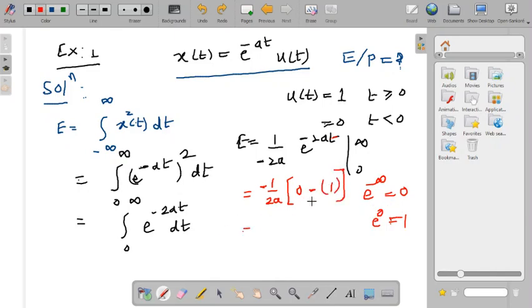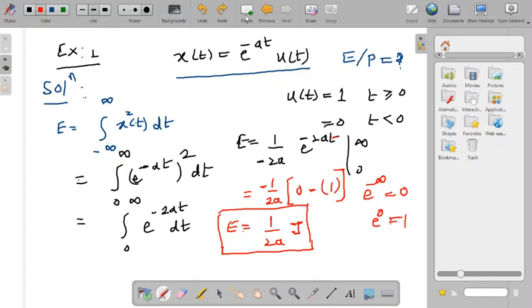So this minus becomes plus, and therefore the answer will be 1 by 2a. So this is the energy of this signal. Energy is measured in joules, therefore we'll write the unit as J.